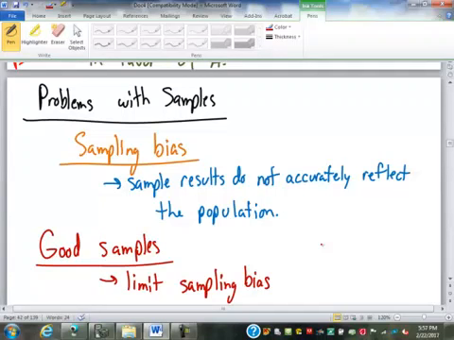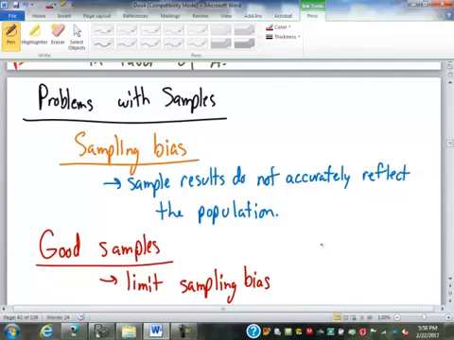But let's say that this ordinance A that we're talking about has something to do with funding for the local schools. Well, if I show up at a high school football game and I survey people there, a good chance that those people have a connection to the school, and probably have a good feeling about the school. So it wouldn't surprise me that a high portion of that group are in favor of an ordinance that favors the school.